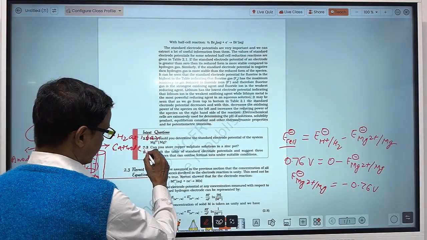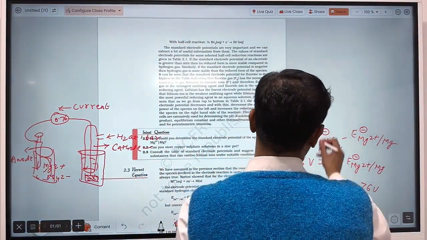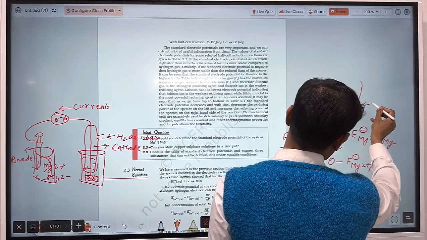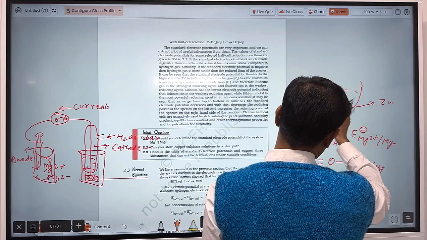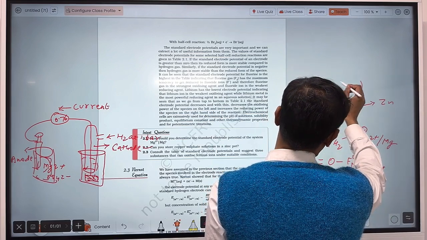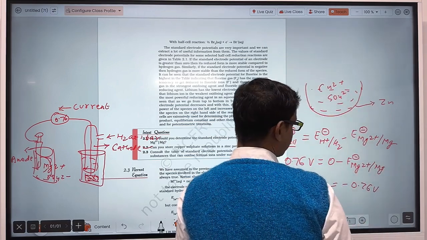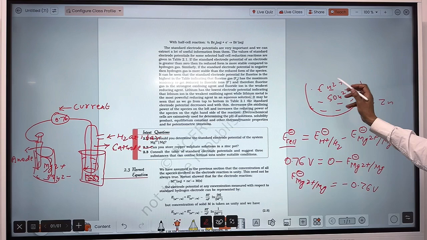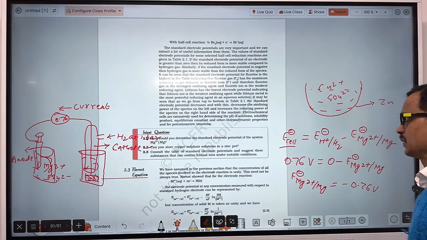Okay. Then after this, can you store copper sulfate solution in a zinc pot? Suppose this is a pot made of zinc. If you keep CuSO4 solution in that pot, CuSO4 will dissociate into Cu2+ and SO4 2-. Now among copper and zinc, zinc has the greater tendency to lose electrons.